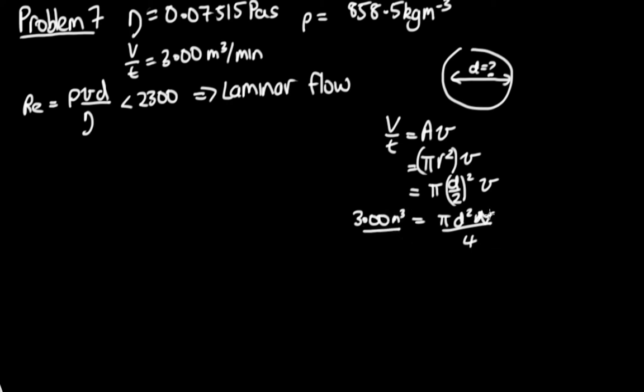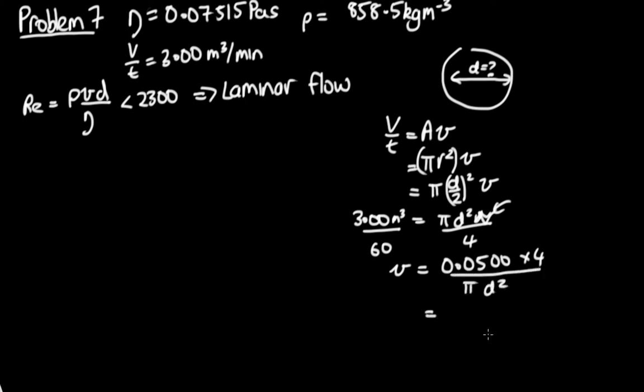So we should put this into seconds so that this velocity is then in meters per second as well. So in 1 minute there's 60 seconds. So we divide that by 60 like that. And so this tells us, rearranging it to get the velocity as the subject, the velocity is equal to, this whole side is 0.05, so this is 0.0500 times the 4 divided by the pi d squared.